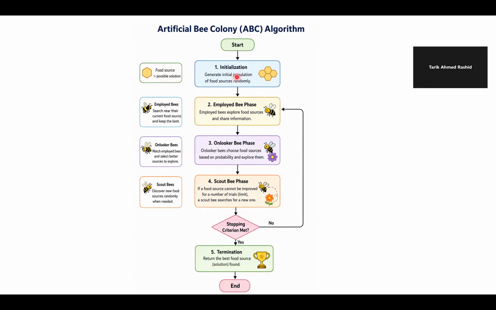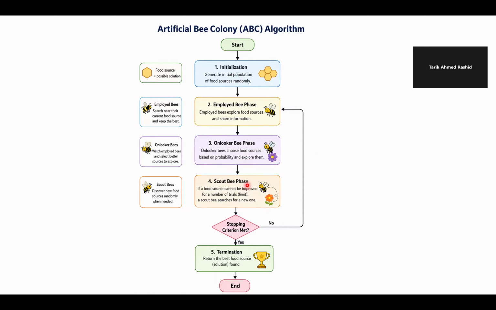We get a random population of food sources, and then the employed bees will explore food sources and they share information. Then the next step, onlookers choose food sources based on the probability and explore them.